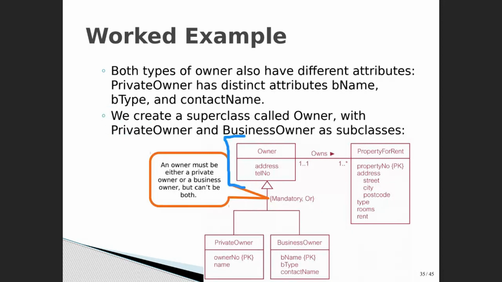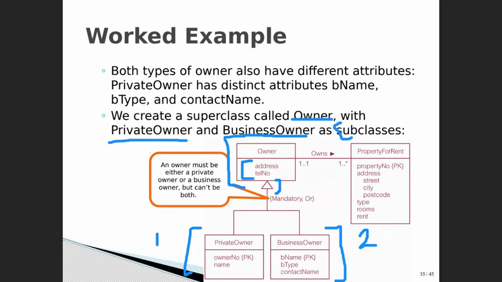All right, and under owner there are shared attributes. This is the specialization generalization shape. We have two distinct subclasses. Number one, private owner. Number two, business owner. So the superclass is called owner, and private owner plus business owner are subclasses.